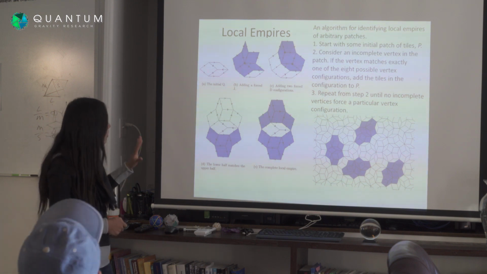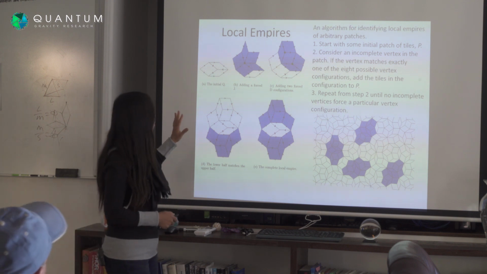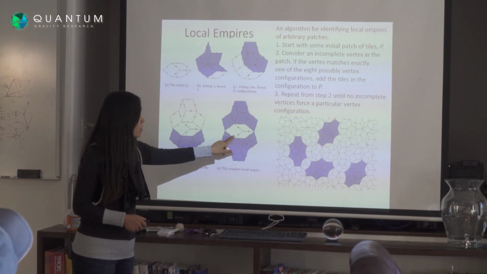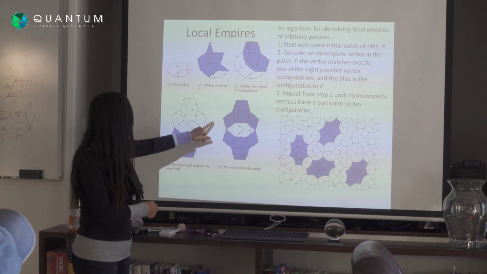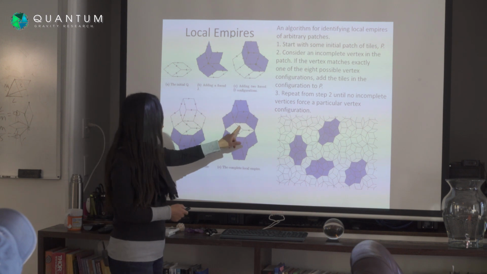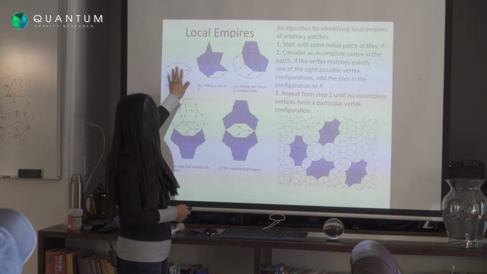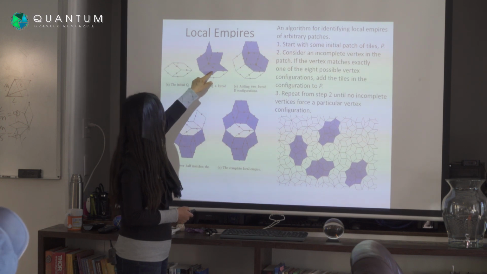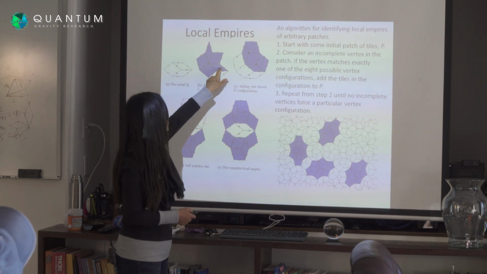So, local empires. The empire means, for example, once you have this vertex type, which is the initial Q type, you can see that you must have this tile here, and you must have that tile there.